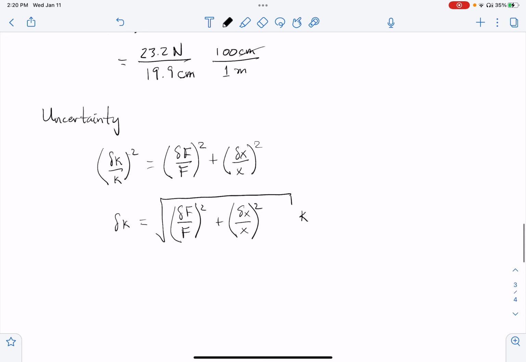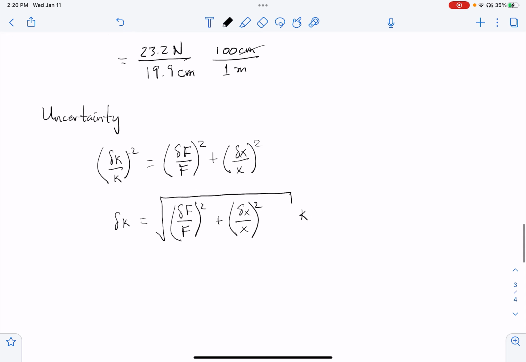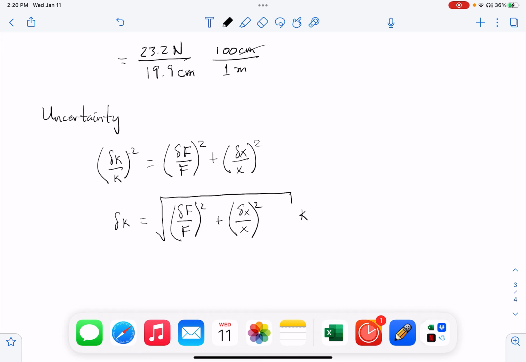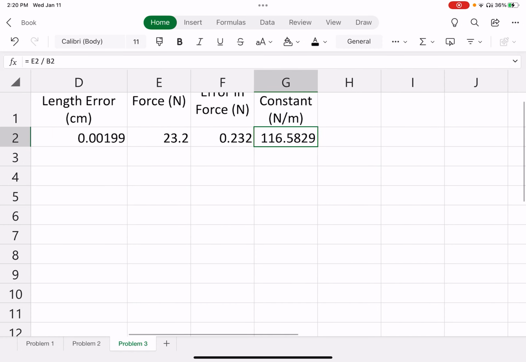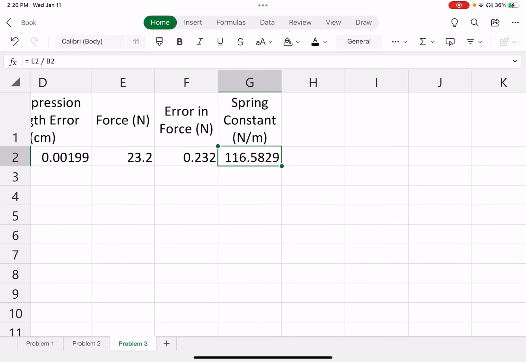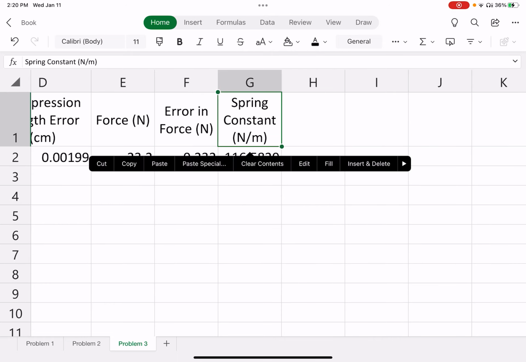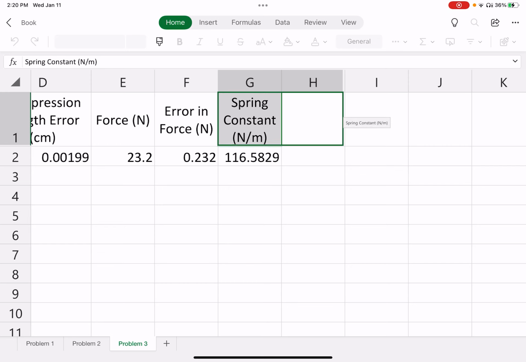Okay, so that is what we're doing here. And we're just going to use the information that we had in Microsoft Excel to do this. So let's go ahead and do this. I'm just going to move this over, and I'm going to fill this to the right.